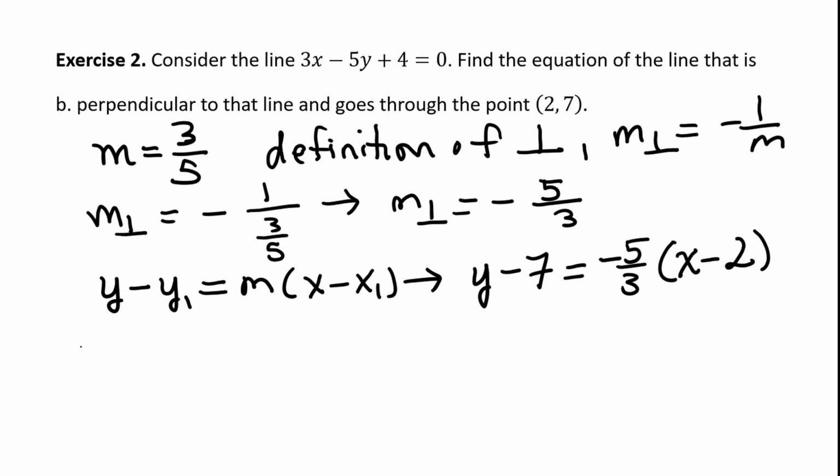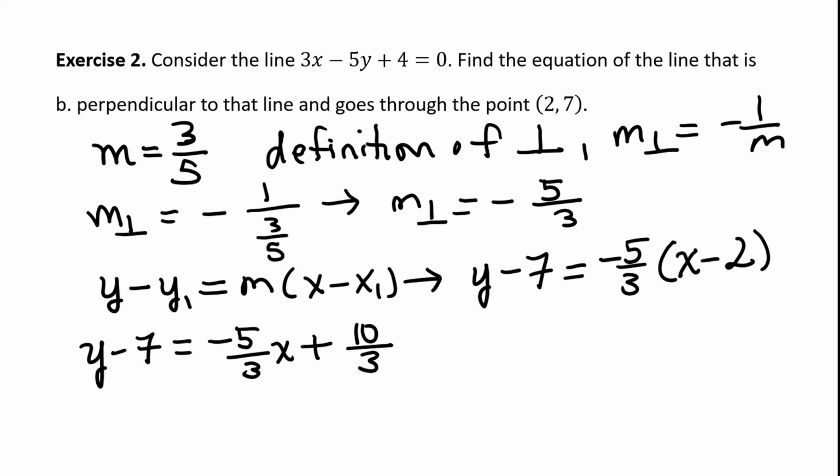Let's simplify. y minus 7 is equal to distributing negative 5/3 to the terms in the parentheses, negative 5/3 x. Negative times negative gives us a positive, and 5/3 times 2 is 10/3.